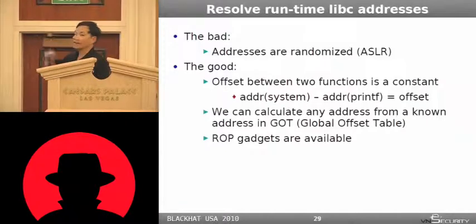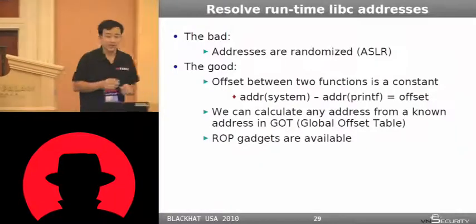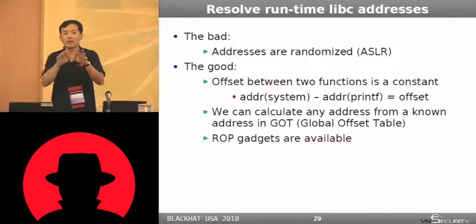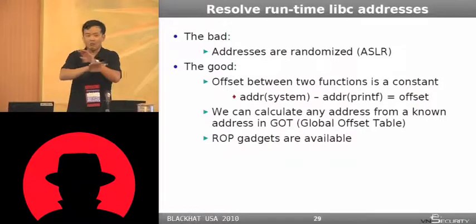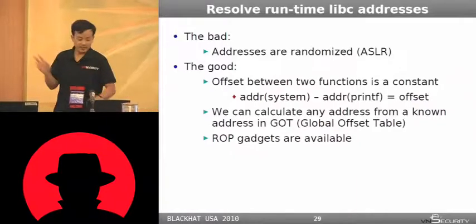So we can calculate any destination address from an known address in the global offset table. And the good news is that ROP gadgets are available on most binaries to perform that.